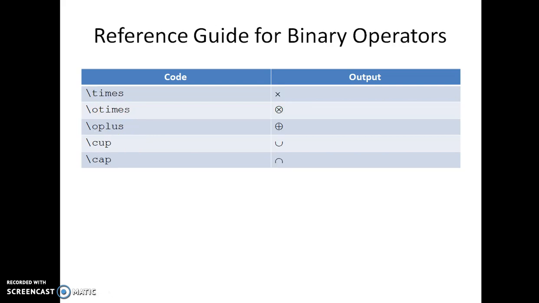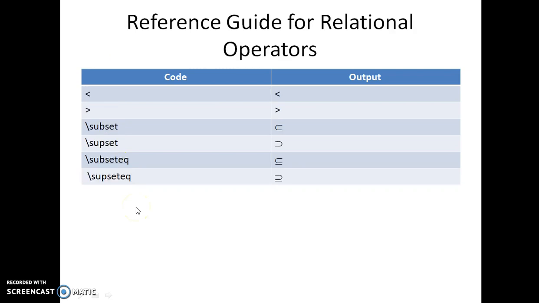Similarly, we have a reference guide for binary operators. Like you have these operators here. These can be invoked by the codes present on the left hand side, like times, oplus, cup, cap, and so on. Similarly, we also have the guide for relational operators, like greater than, lesser than, contained, not contained, and so on.